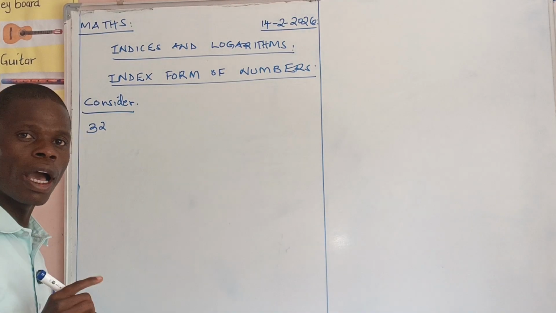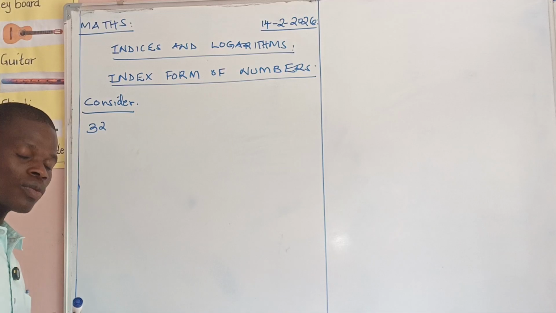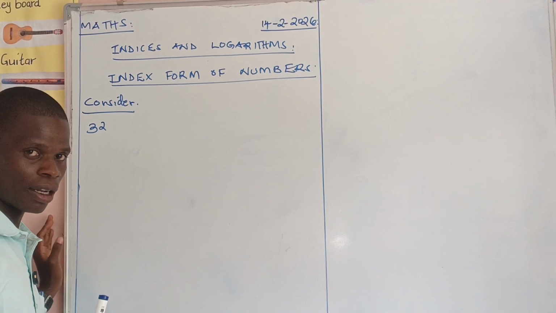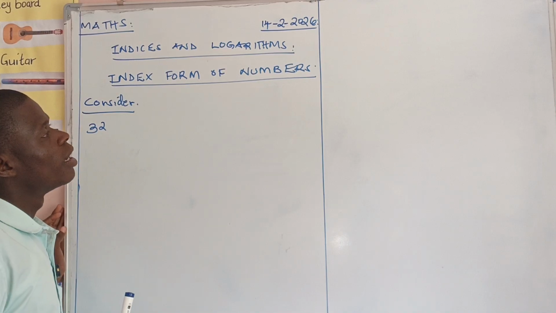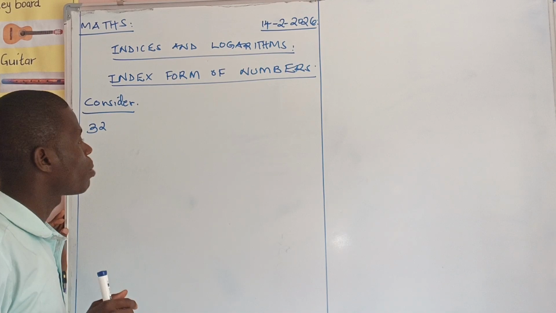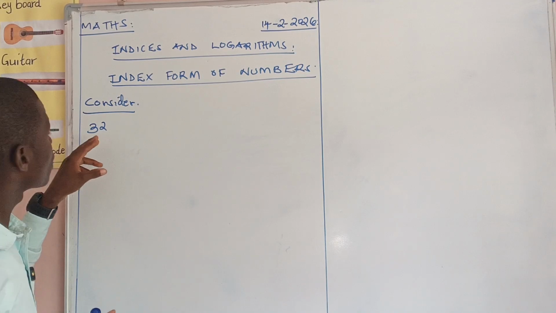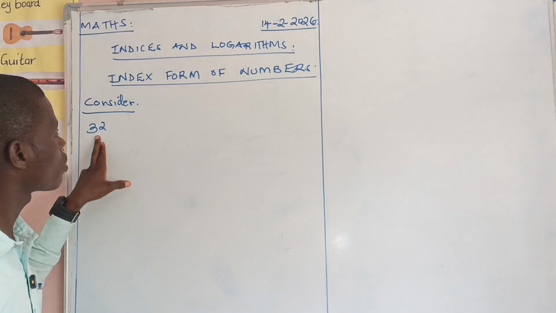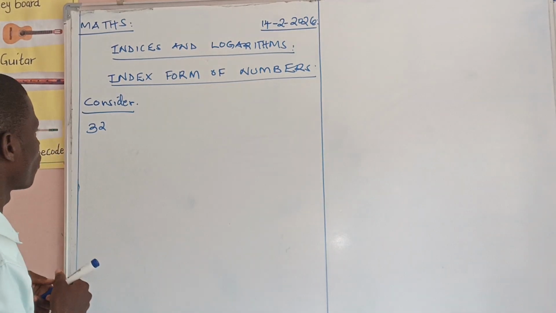And I want to call your attention to a certain lesson we did in this channel. That lesson was expressing a number as a product of its prime factors, prime factorization. So let us express 32 as a product of its prime factors and see what we have.